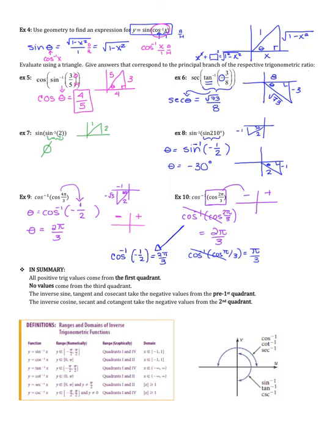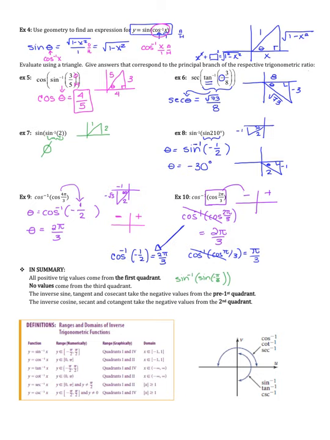All right, just to give you one more example, let's say if it was a sine, if I had asked you what is the inverse sine of sine 11 pi over 6, well, no, that actually, no, it does that. I want something that comes from the pre-first quadrant, of sine negative pi over 6.